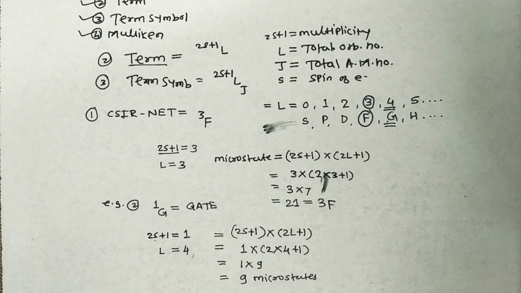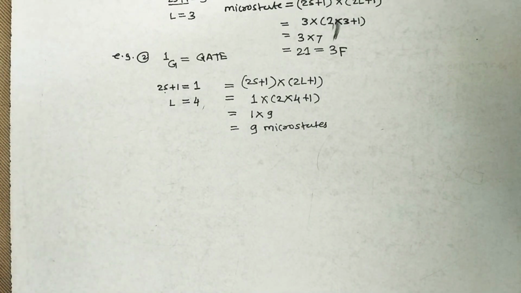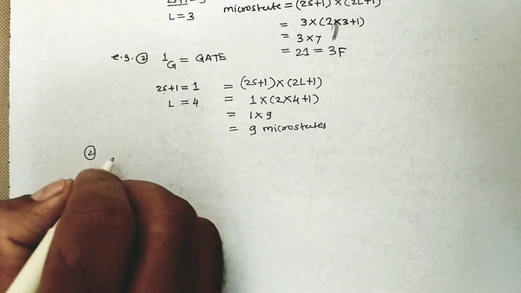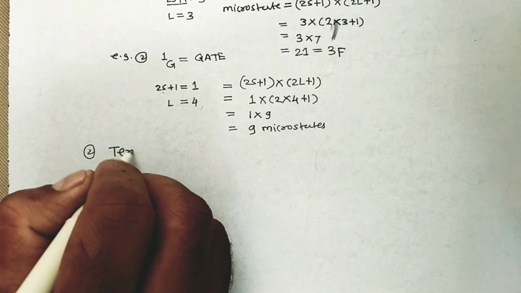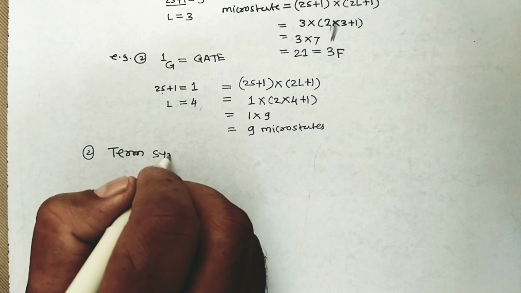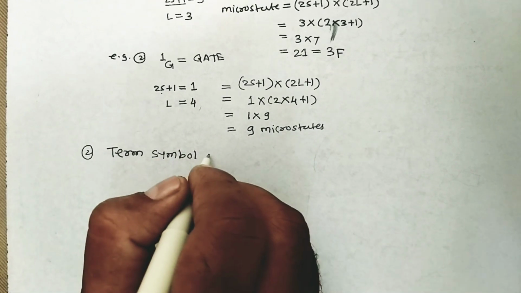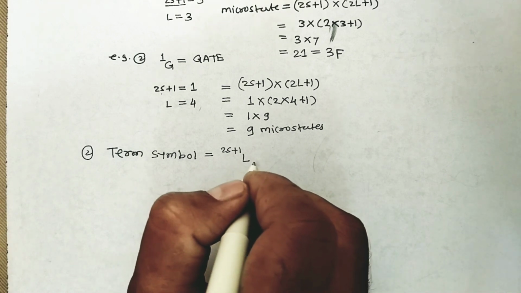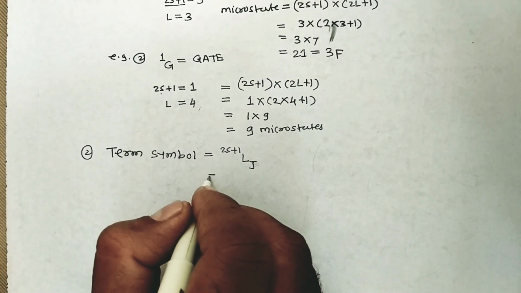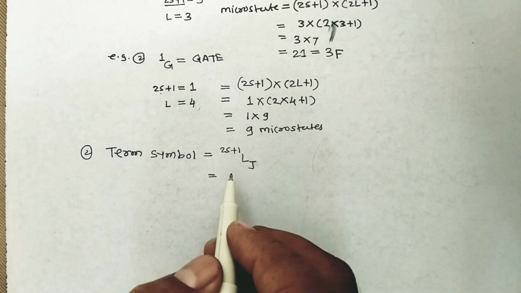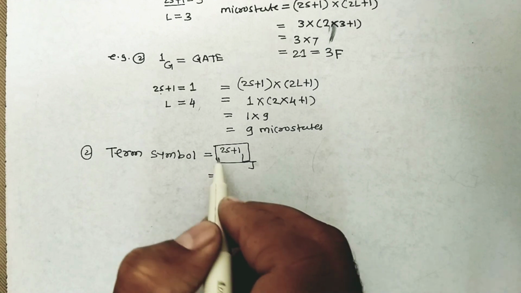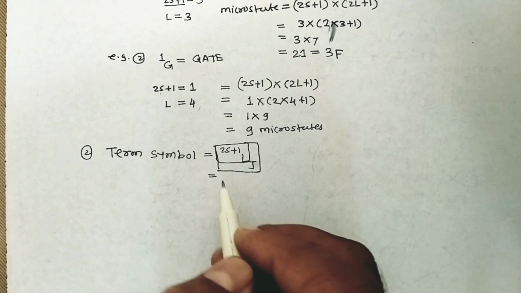The second thing is that when the term symbol is given, then also you can calculate the number of microstates. Now the term symbol is represented as 2S plus 1 L with capital J. Here there is a difference between term and term symbol. This part is a term and the whole is known as the term symbol.